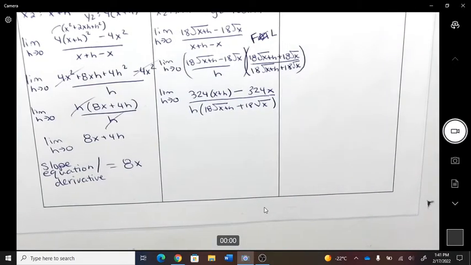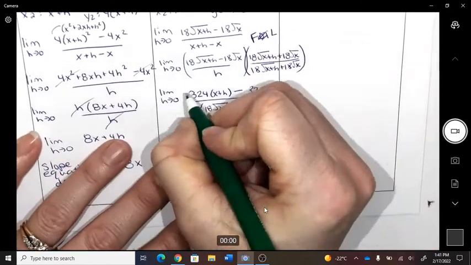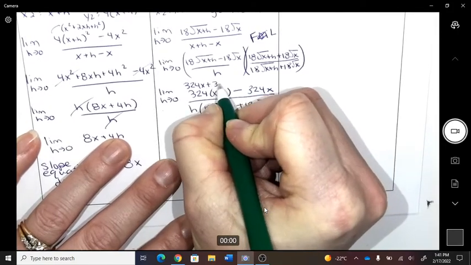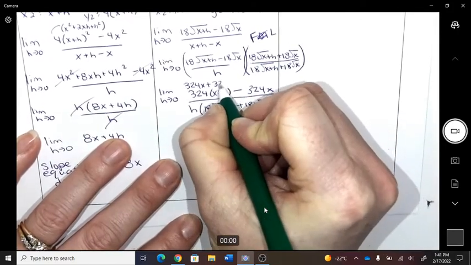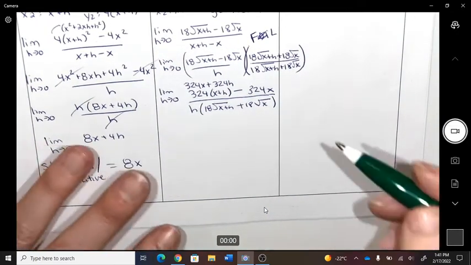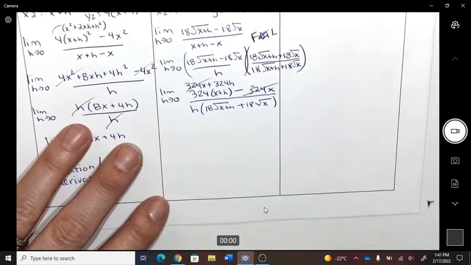There is one. Oh. There. You just didn't see it till now. Okay, let's put this through. So if I'm going to distribute that through, which could make my 324x's disappear.